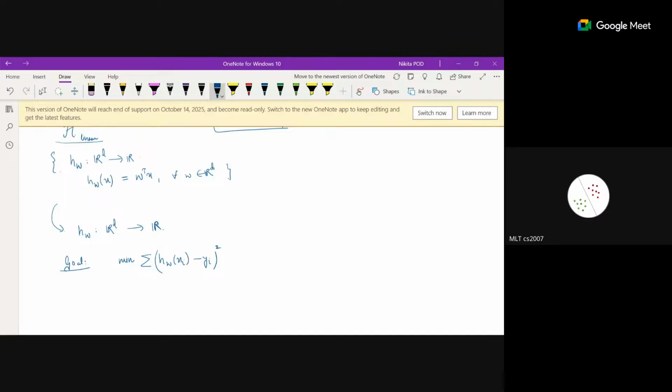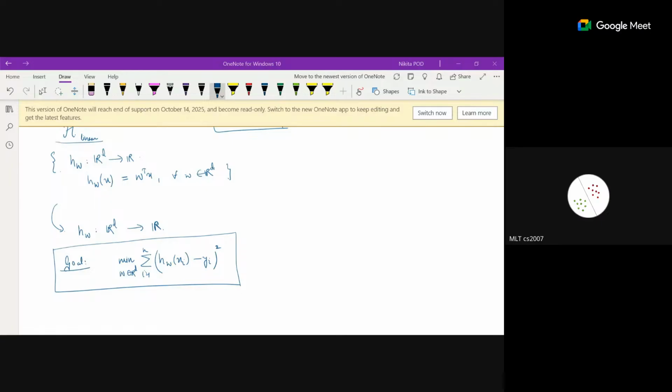Again, this is the true label, this is the predicted label. So it's (h_w of xi minus yi) square, i varying from 1 to n, and you minimize over w, which belongs to R^d. Okay, so this is our goal. We want to minimize this error, or this loss, basically.